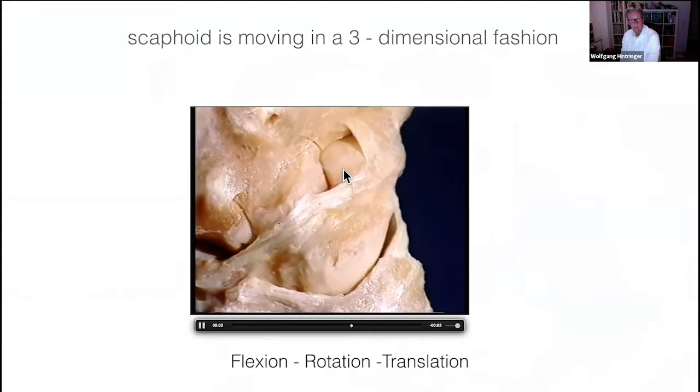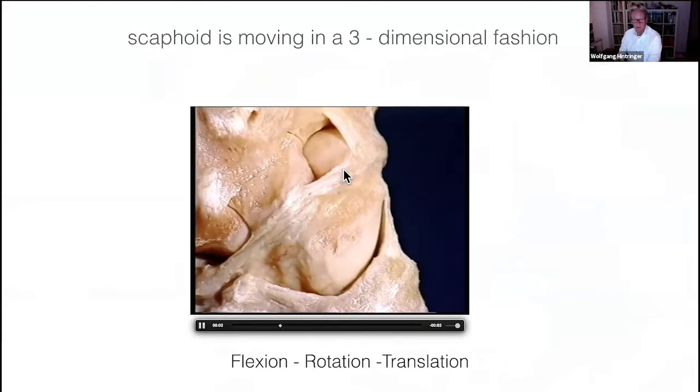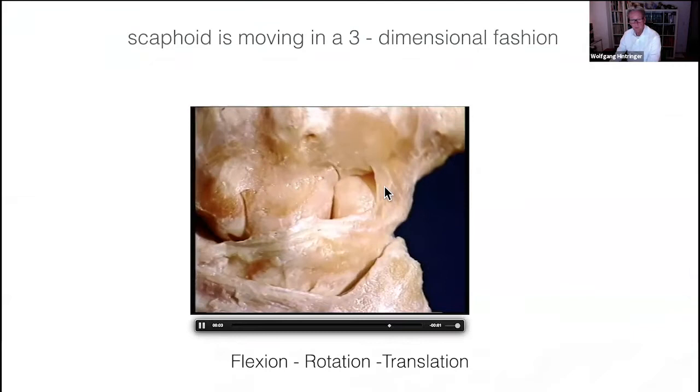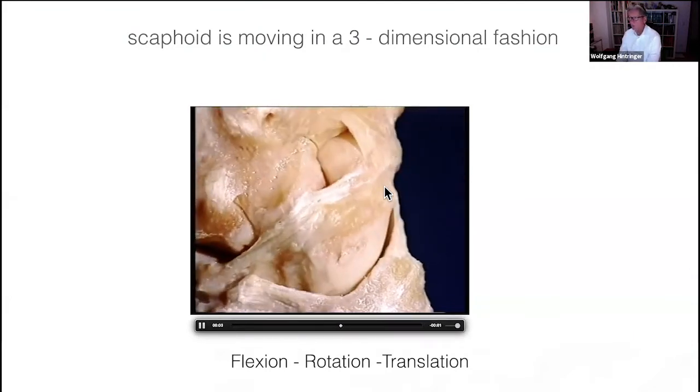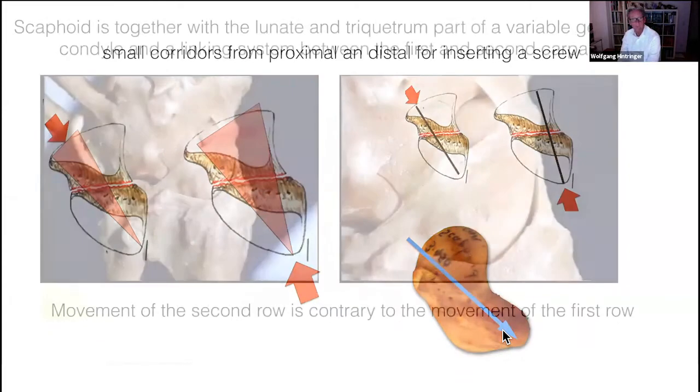And that means if you want to put in a screw and you change your position of the scaphoid, you always get another bone for fixing it. Here you can see the small corridors from proximal and distal for inserting a screw. And once you have a screw inside and that does not work or it went wrong, then you have the second problem, maybe to change that screw or to put something other into the scaphoid.